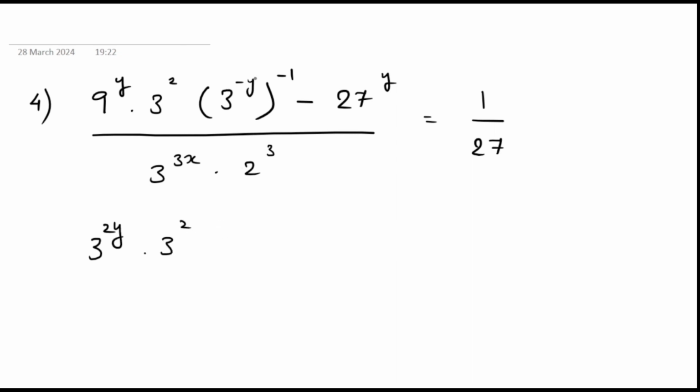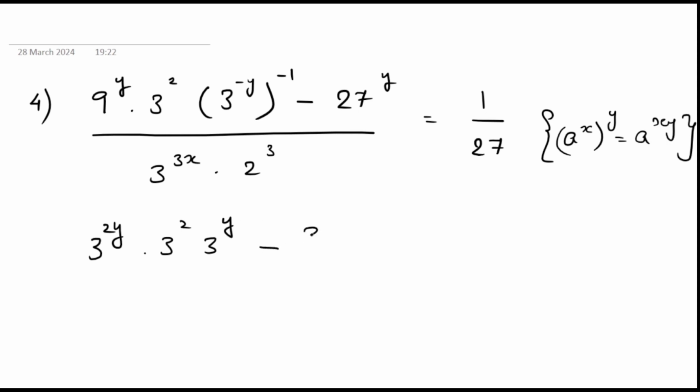Here this 3 to the power minus y and minus 1, I can multiply this by using this property: a to the power x, the whole to the power y becomes a to the power xy. So by using that property, this will become 3 to the power minus y into minus 1, which is y.